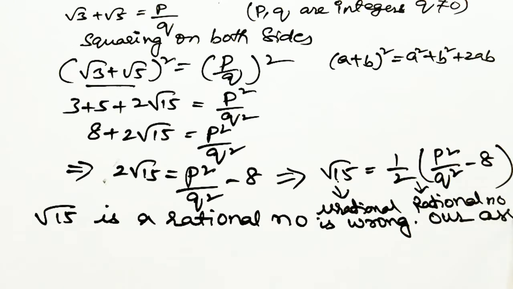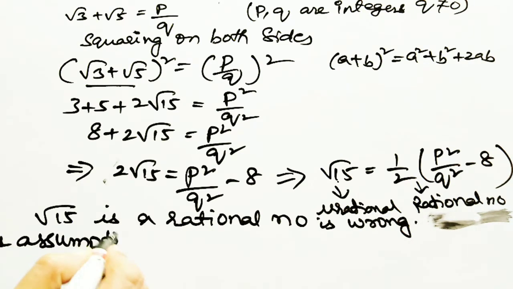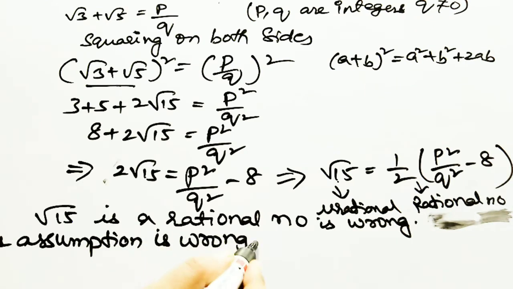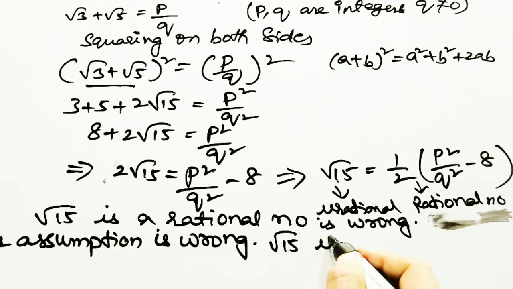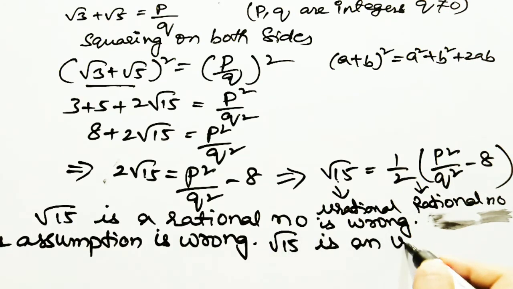Our assumption is wrong. So root 15 is an irrational number.